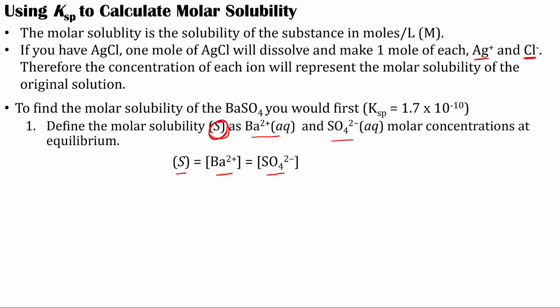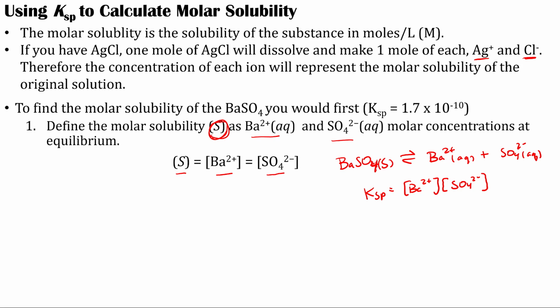So I'm going to go ahead and write my equation down again. And I know that my Ksp will be equal to barium times the sulfate. And then I'm going to plug in my Ksp. And I'm going to say, okay, S will be equal to both of these.